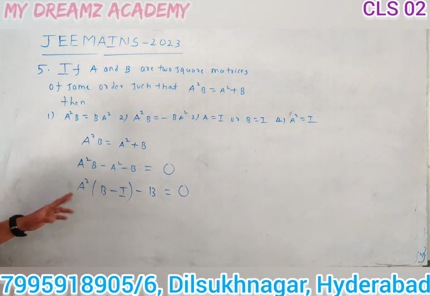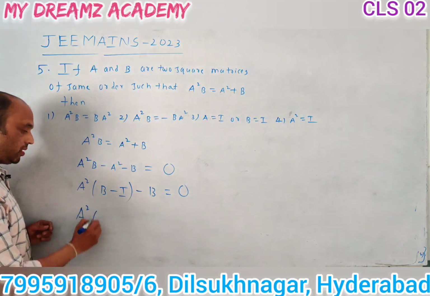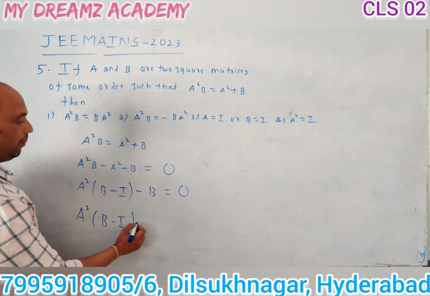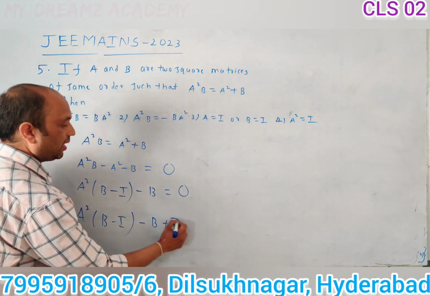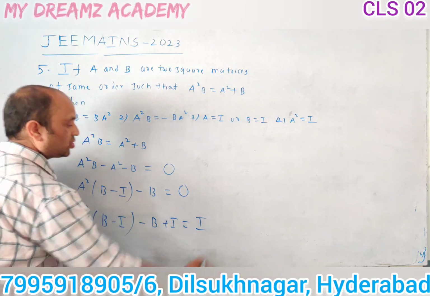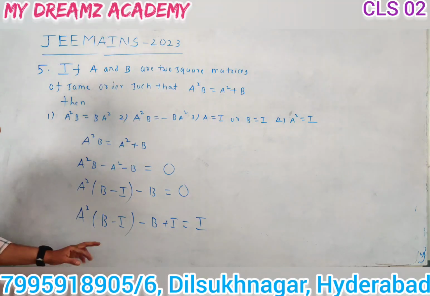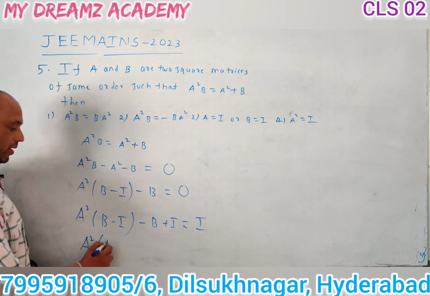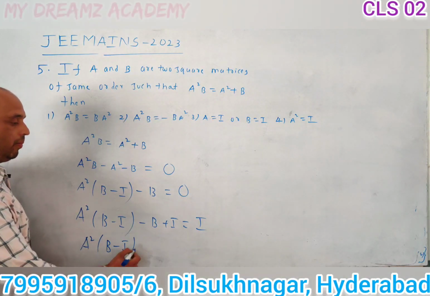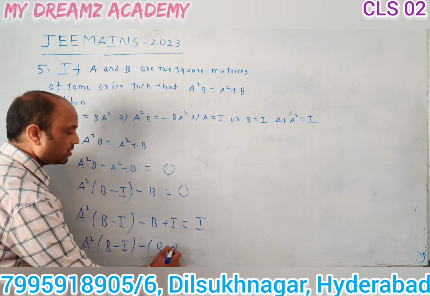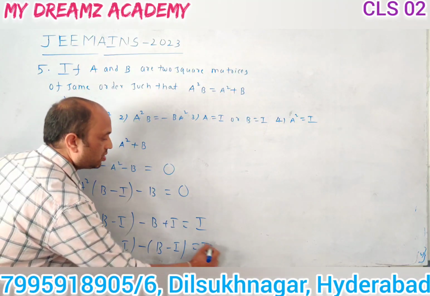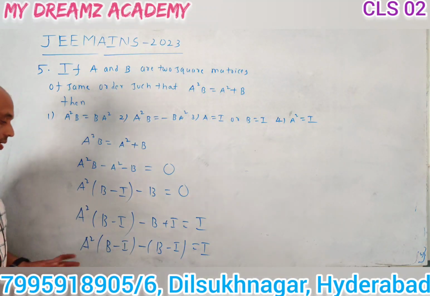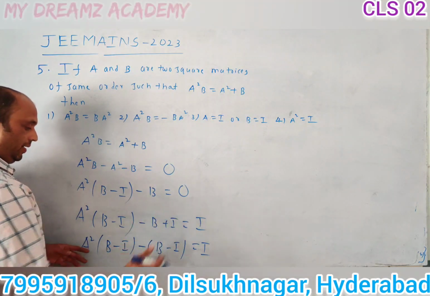Now add I on both sides: A square into B minus I, minus, taking minus common, B minus I, is equal to I.